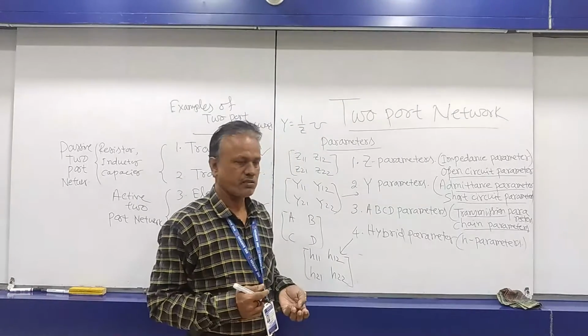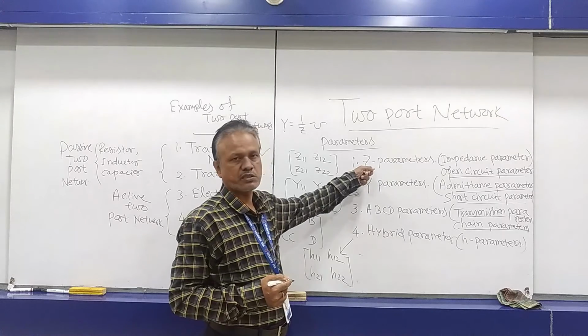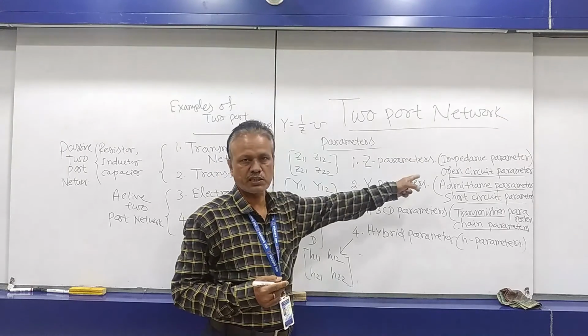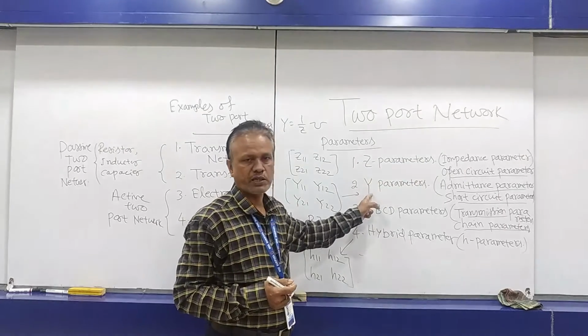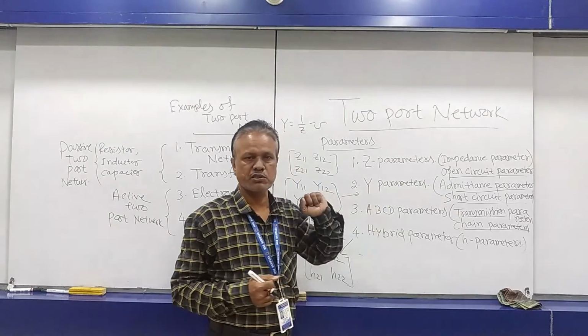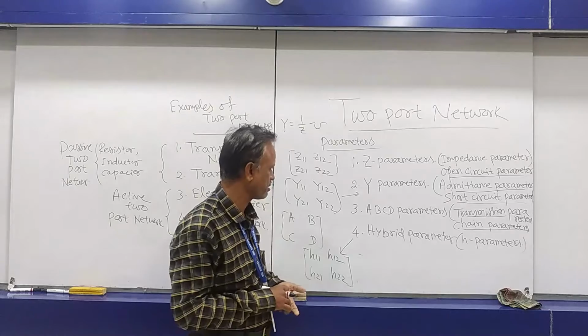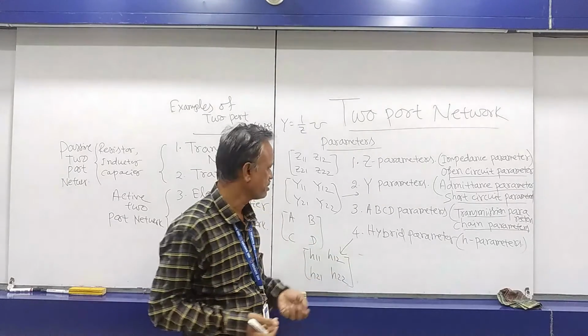So where are these utilized? First of all, Z parameters are used for open circuit analysis. Similarly, Y parameters are used for short circuit analysis. ABCD parameters are used for transmission line analysis.